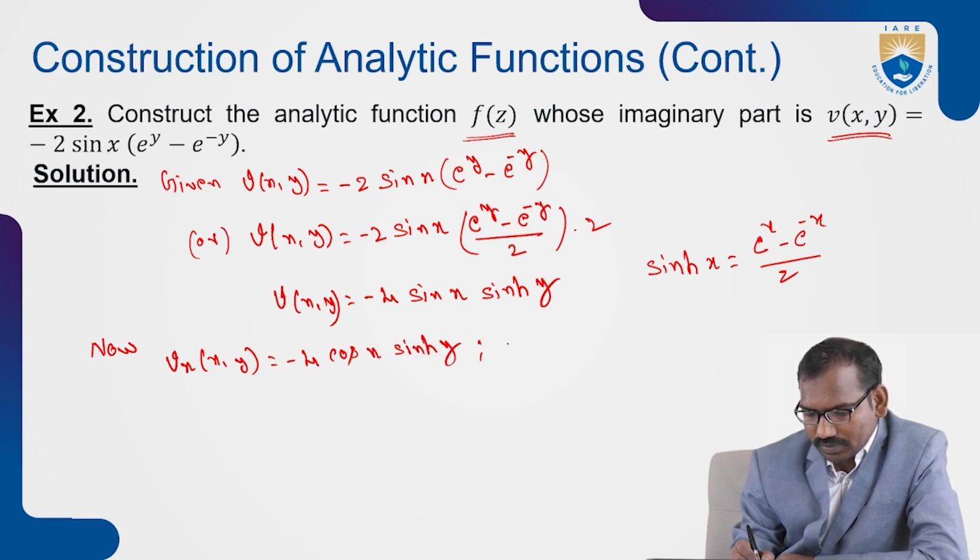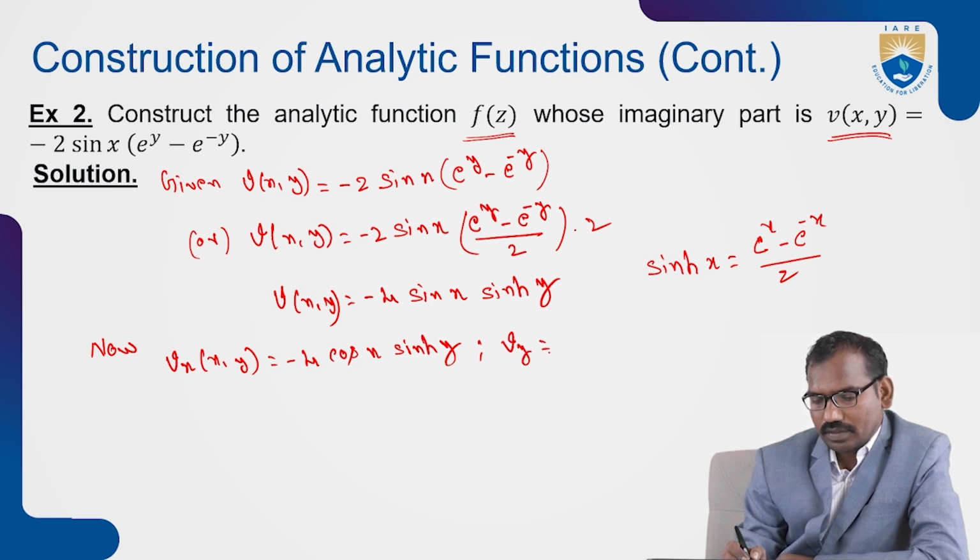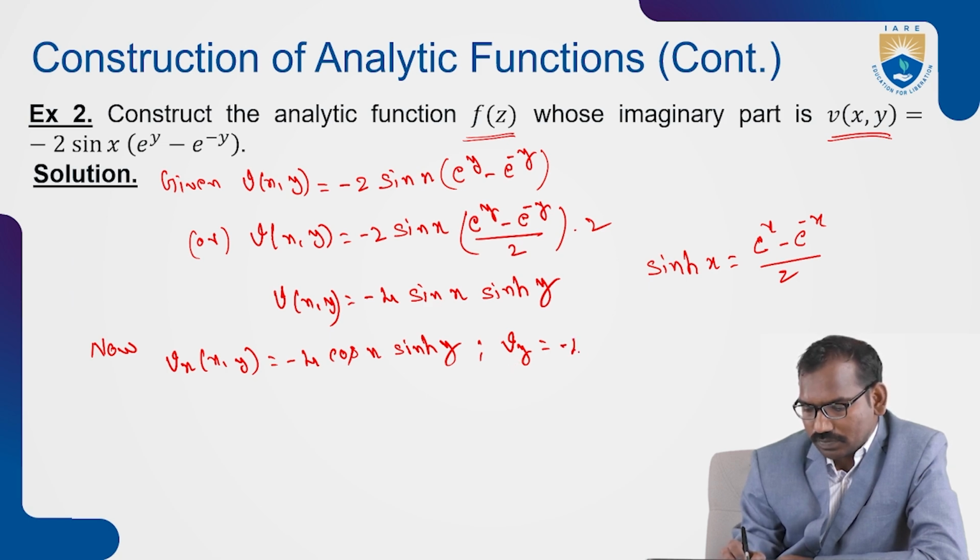Next, v sub y. We are doing the partial derivative of v with respect to y. So we will have minus 4 sin x, and because we are differentiating with respect to y, sin hyperbolic becomes cos hyperbolic y.